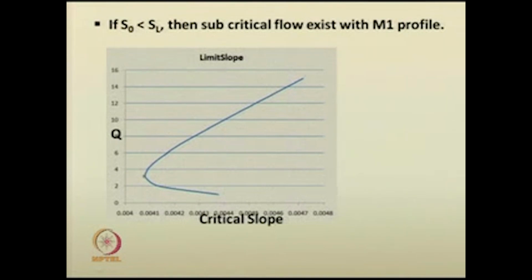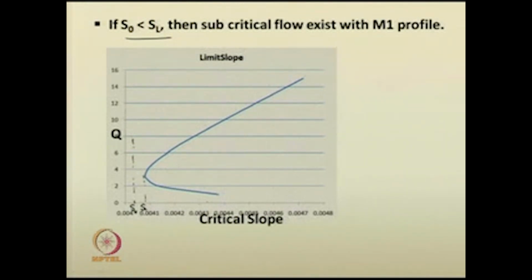As we mentioned earlier, this is your limit slope S L. Now, if the actual bed slope of the channel for the given discharge is less than the limit slope, that is somewhere here, then what happens? This is the critical slope line.